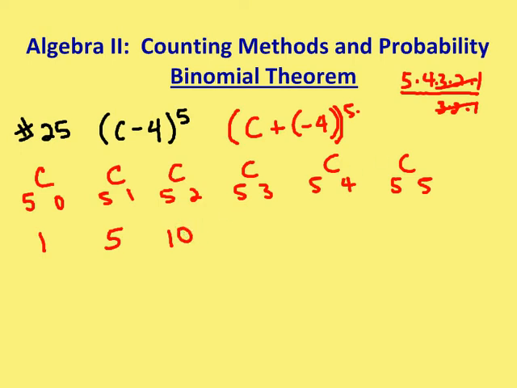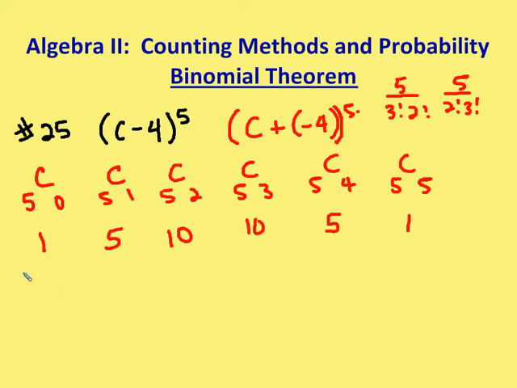So here is my 10. Now 5 choose 3 is going to be the same as 5 choose 2. In 5 choose 2, I have 5 factorial over 3 factorial, 2 factorial. And in 5 choose 3, I've got 5 factorial over 2 factorial, 3 factorial. So the value ends up being the same. It's 10. I know this is 5, and this is 1. So here I have my coefficients.